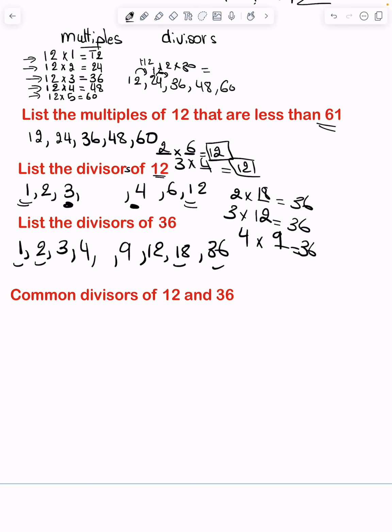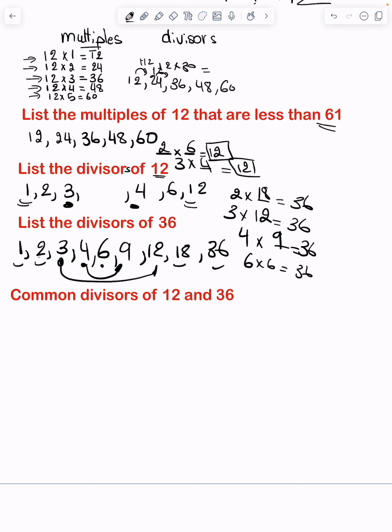Okay, so 1 times 36 is 36, 2 times 18 is 36, 3 times 12 is 36, and 4 times 9 is 36. Okay, what else? And then 6, because 6 times 6 is 36, but you don't put it twice, so you just put 6 once. Okay, so these are the divisors.